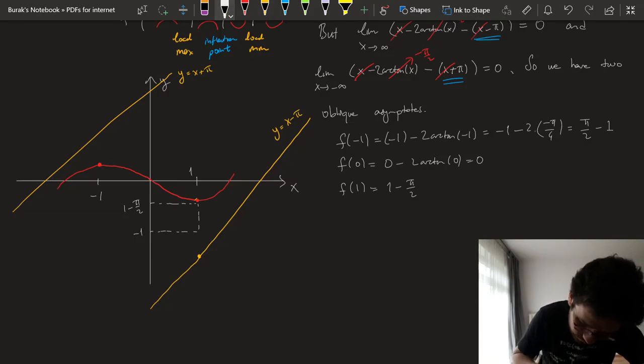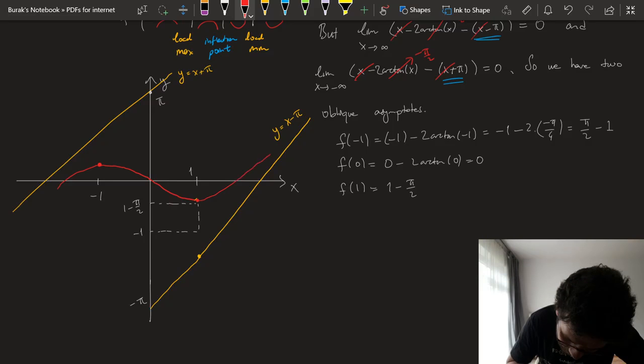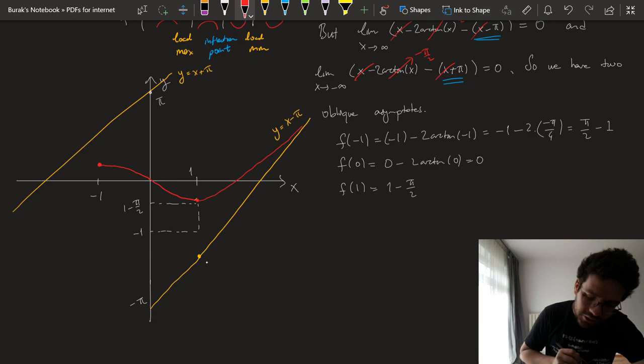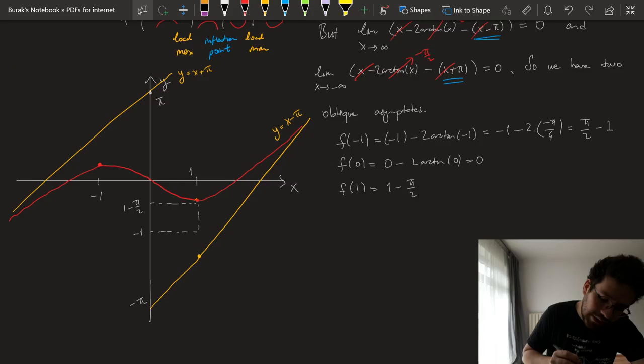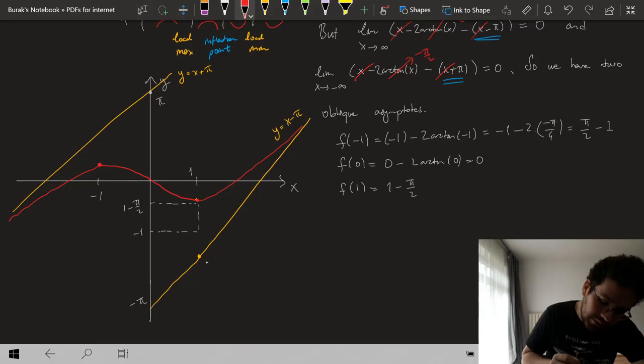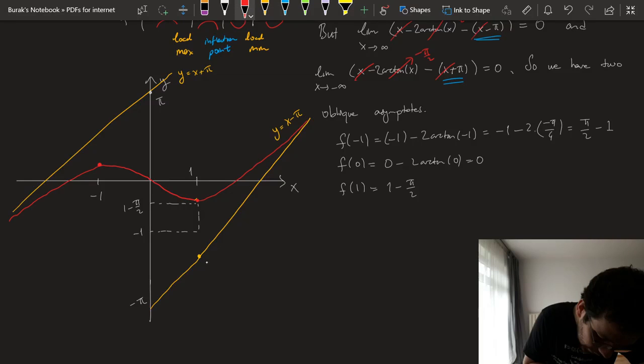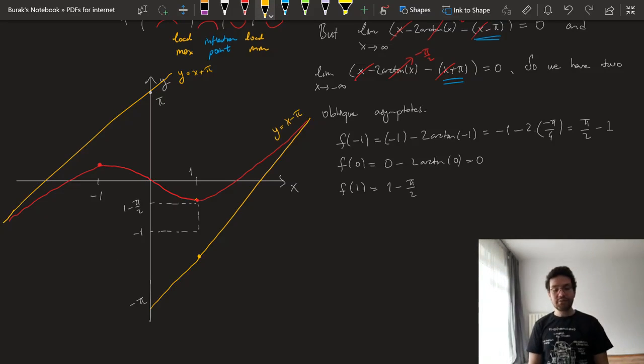Okay, so what's going to happen is the graph of this function will get closer and closer to these lines like this. Okay, so this is roughly the picture.